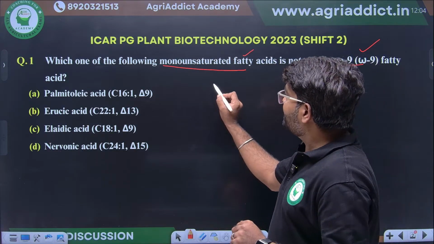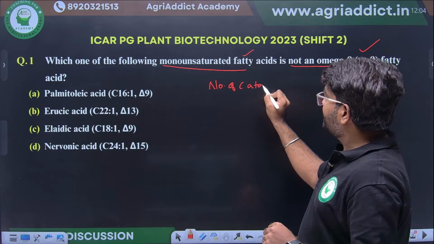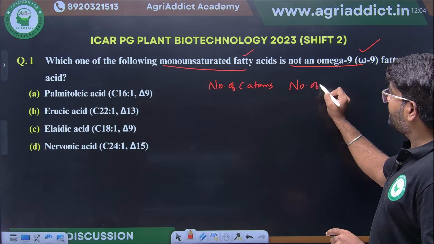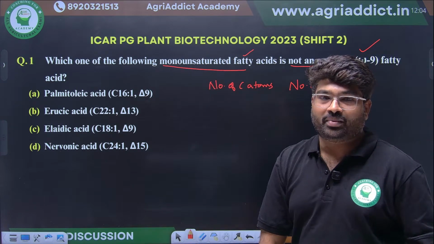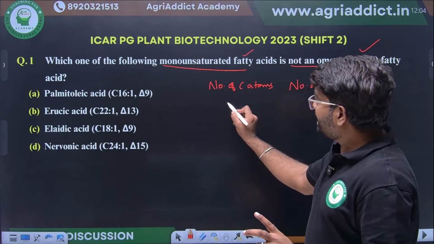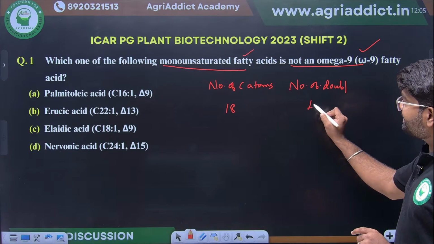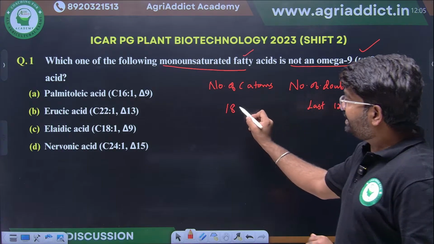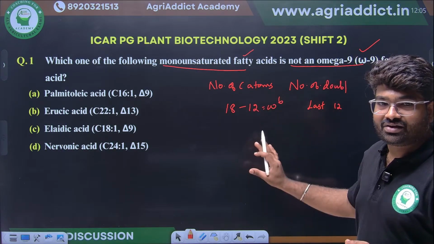If they have given the number of carbon atoms and the number of double bonds, and they ask which is an omega-3, omega-6, omega-9, then you have to write the number of carbon. For example, 18 carbon is there, and the last double bond is present at the 12th carbon, so 18 minus 12, it is an omega-6 fatty acid. Is this concept clear?